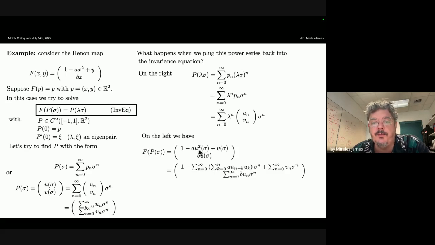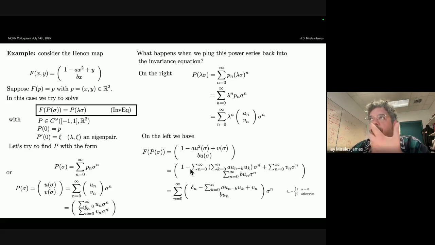So the product of this U power series with itself is just this expression here. Each of these is an infinite series, so we bring the sum out front. The only term that doesn't look like a series is this 1 here, so I think of that as 1 plus 0 sigma plus 0 sigma squared and so on. So I have a really simple power series for this thing, and then everything can be written as a series.